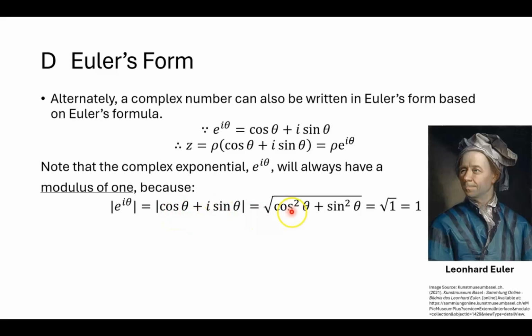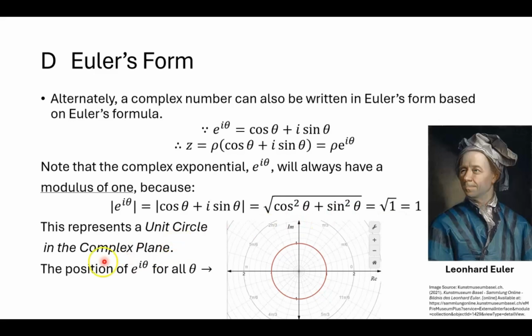Using the definition of modulus, you square the real part plus the square of the imaginary part, and you have this. Now if you remember your Pythagorean identity, cos squared plus sine squared is always 1, and the square root of 1 is just 1. It is not negative 1, be careful. This represents a unit circle in the complex plane. This picture shows the position of e to the i theta for all theta.